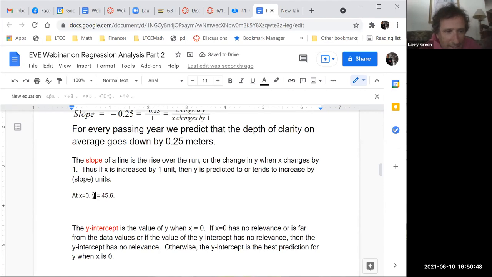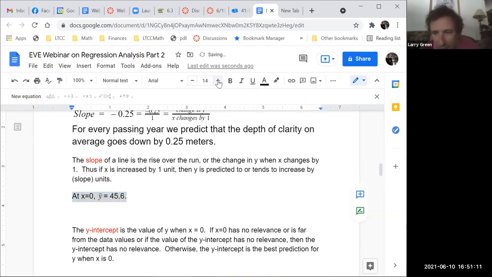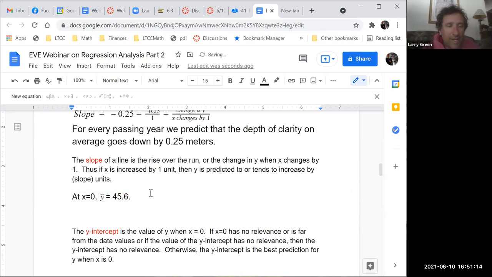And technically, it's actually not y. It's y hat, because y hat is our predicted value. Because the regression line is just a predictor. It doesn't tell you what it really was. It tells us our best prediction. Any questions on that so far? All right, so at x equals 0, y hat was 45.6.